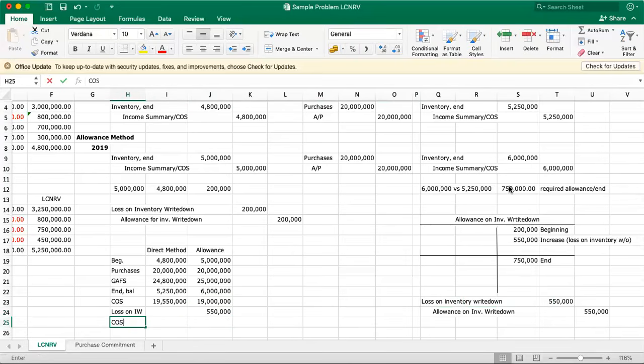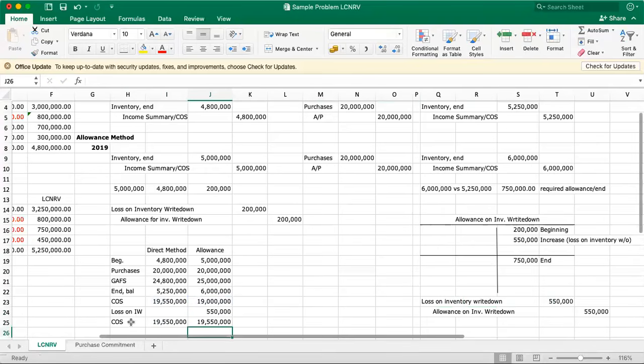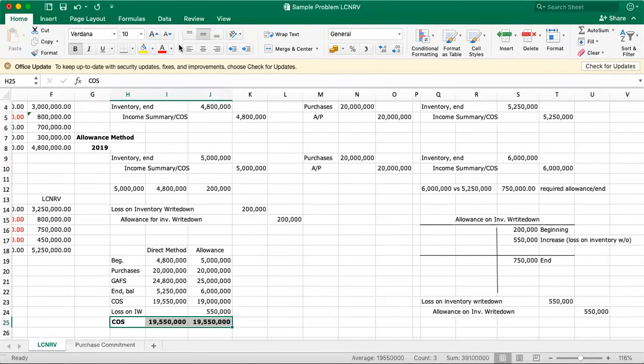Therefore, the cost of sale under the direct method is 19,550,000 and the cost of sale under the allowance method is the same. So regardless of what method ninyo gigamit, dapat same gihapon ang cost of sale result.